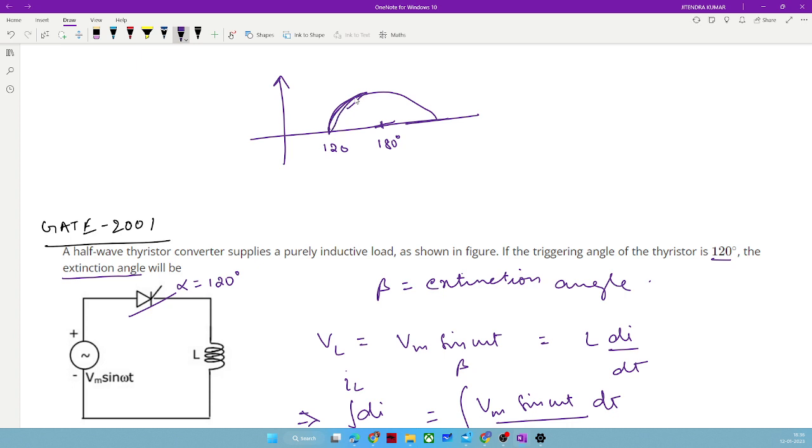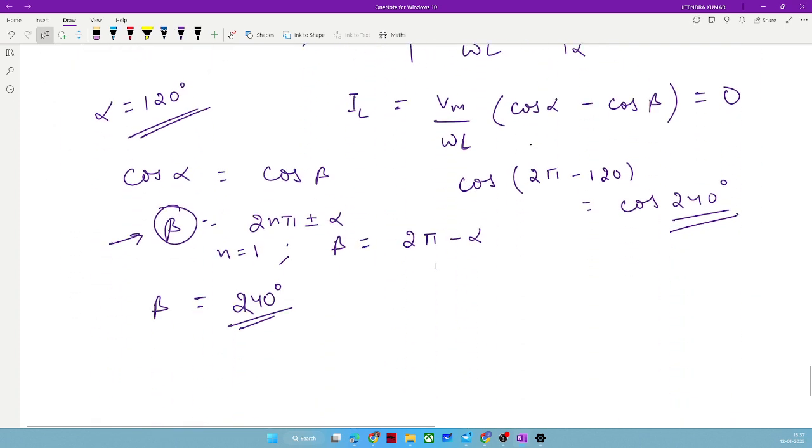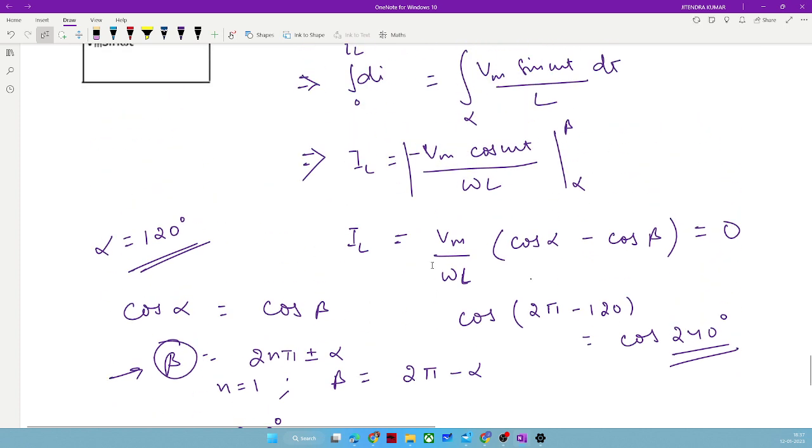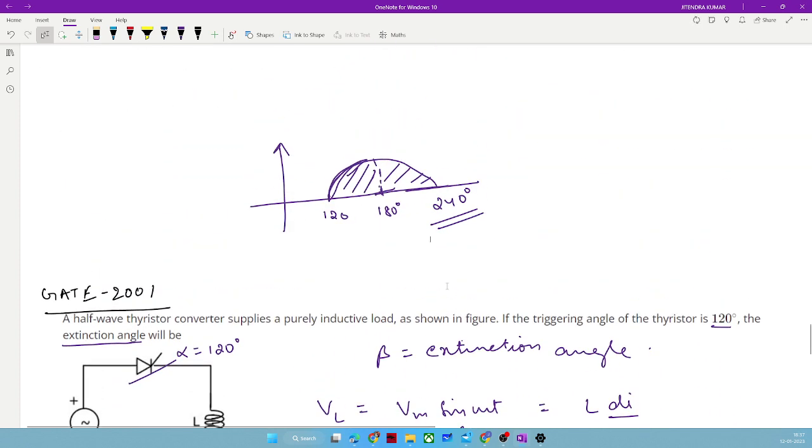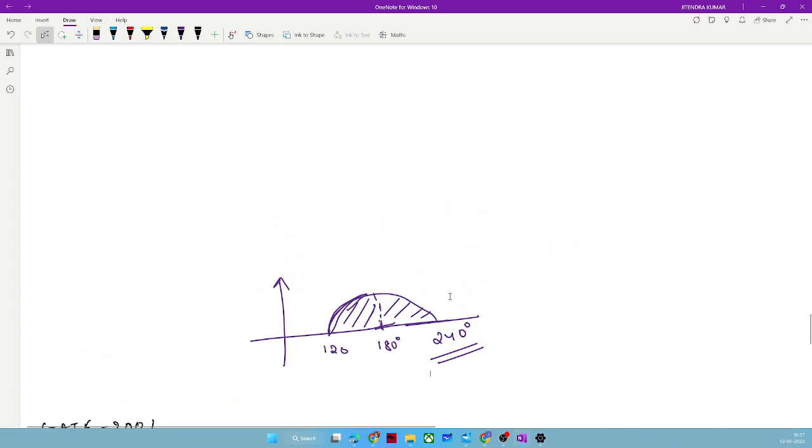If it had conducted for the entire 180 degrees, it would have been discharged for another 180 degrees. Since here it is getting charged for this 60 degrees, it will be discharged for the next 60 degrees, and 180 plus 60 is 240, and you can verify it from the expression as well, which is 2n pi plus minus alpha. I hope this is fine.